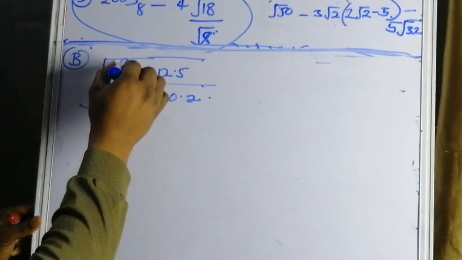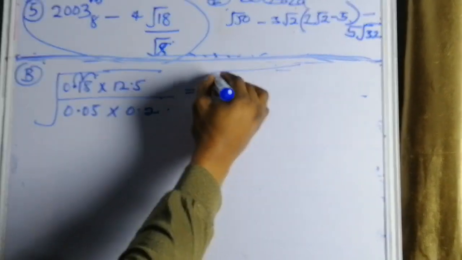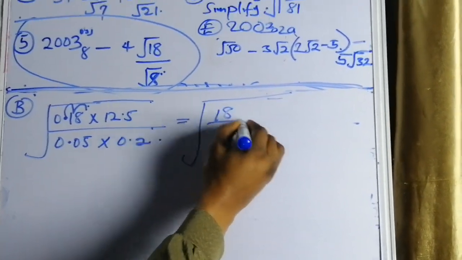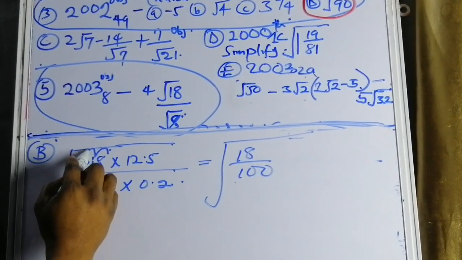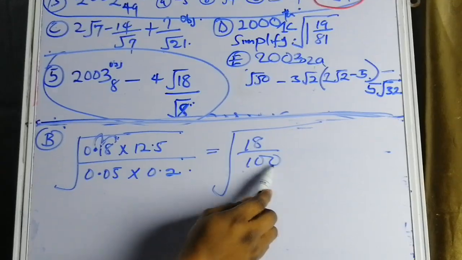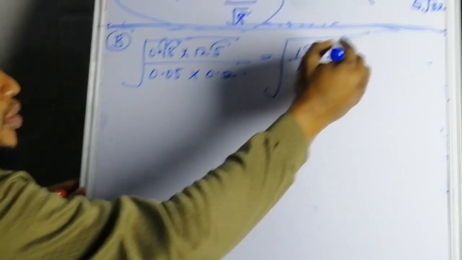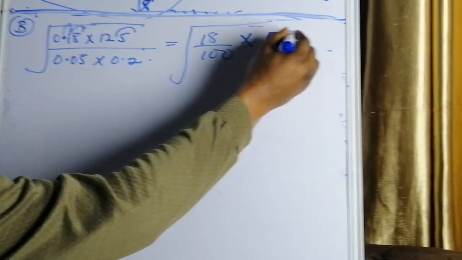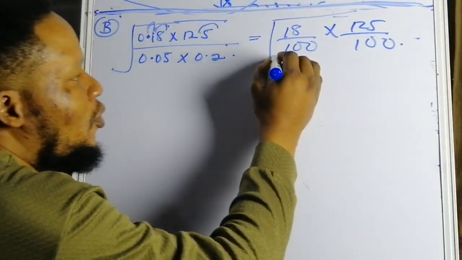So in this case, this one is the same thing as the square root of 18 over 100. I'm moving the point 2 times to the right. So 20 over 100. This one, I'm moving 1 time, so that's times 125 over 100.